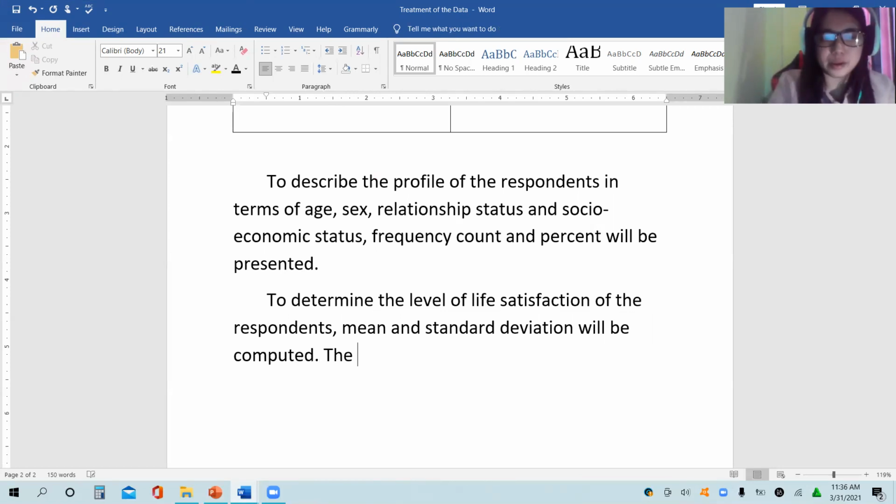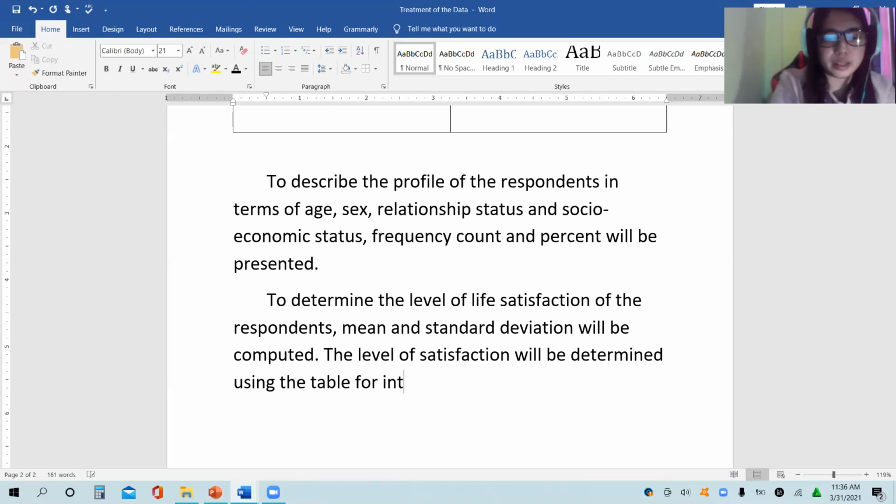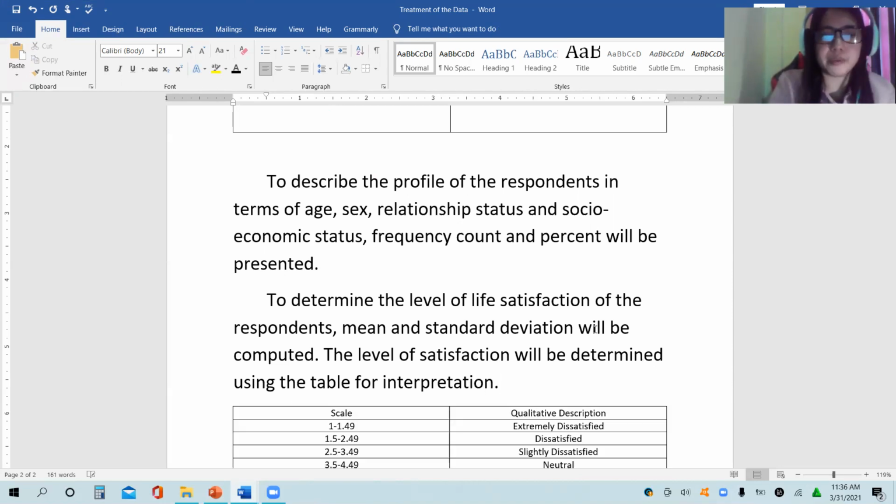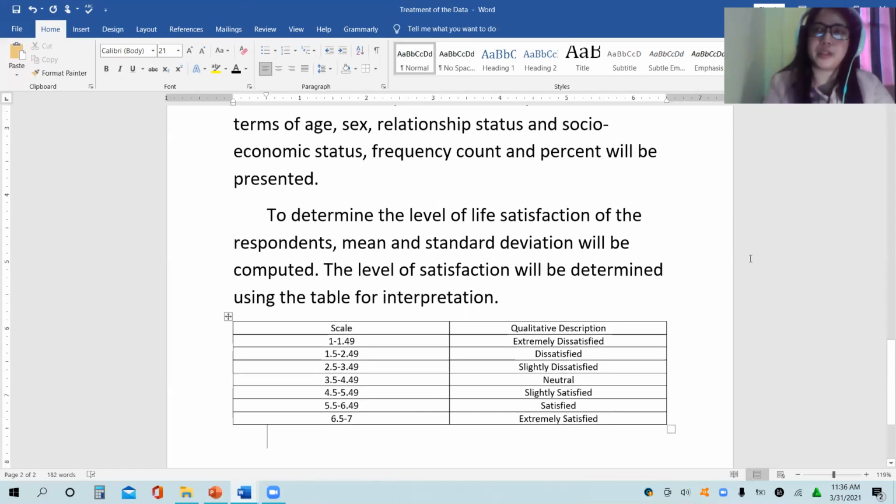The level of satisfaction will be determined using the table for interpretation. You can place the table for interpretation here.